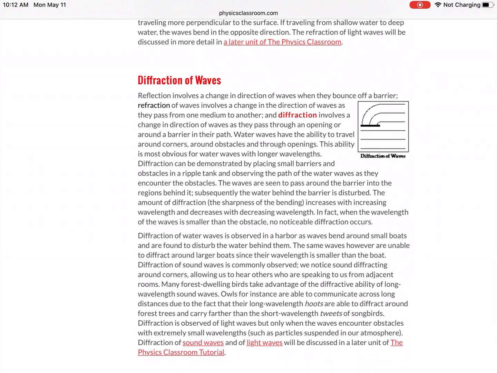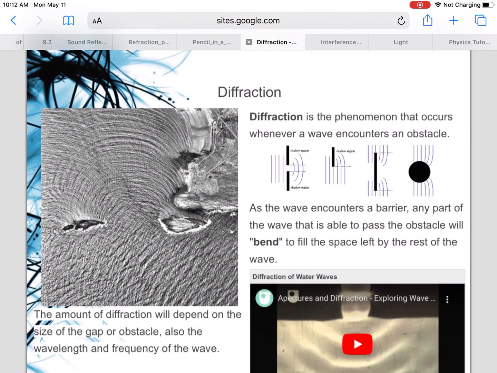Diffraction is the bending of waves around a solid barrier. So for this part, all you need to know is that when a wave hits a barrier, it kind of bends around that barrier. That's all we will talk about for diffraction.